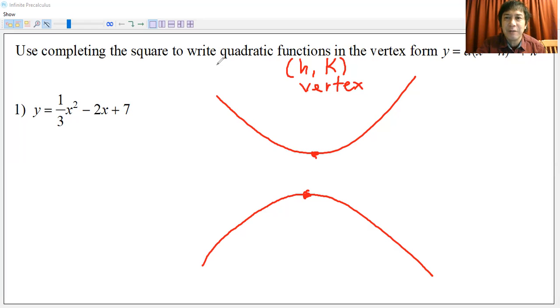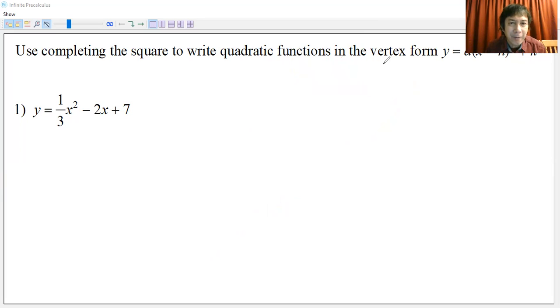Now let us have the solution for the first problem. We're asked here to use completing the square, of which we are already finished. We have done and studied the lesson completing the square. So we're going to apply it here to come up with a vertex form, which is right here. This is the vertex form.